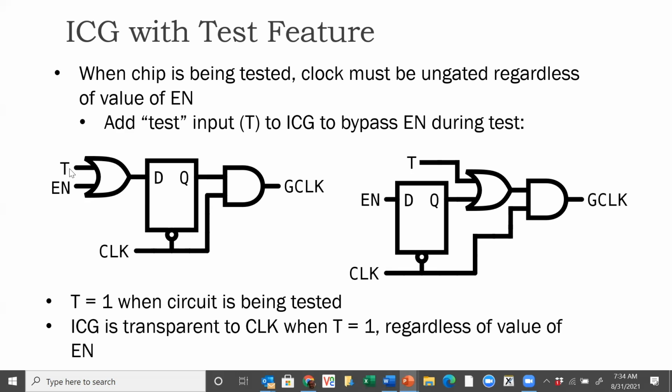So if the test enable is 1, then the OR gate output is a 1, regardless of the value of enable. And then this 1 goes through to the AND gate, and since the enable input of the AND gate is now a 1, the clock will just go through. So when T is 1, the clock will simply go through to GCLK regardless of the value of enable. And this feature is required in order to test the chip.